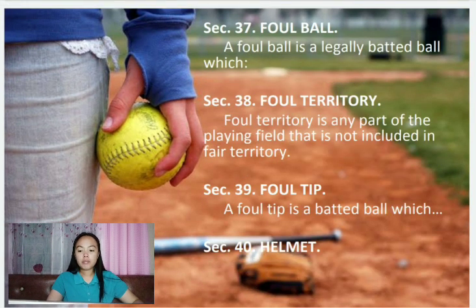The foul ball is a legally batted ball which settles on foul territory between home and first base or between home and third base. It bounces past first and third on or over foul territory. First touches on foul territory beyond first and third base, while on or over foul territory touches the person, attire or detached equipment or clothing of an umpire or player, or any object foreign to the natural ground.